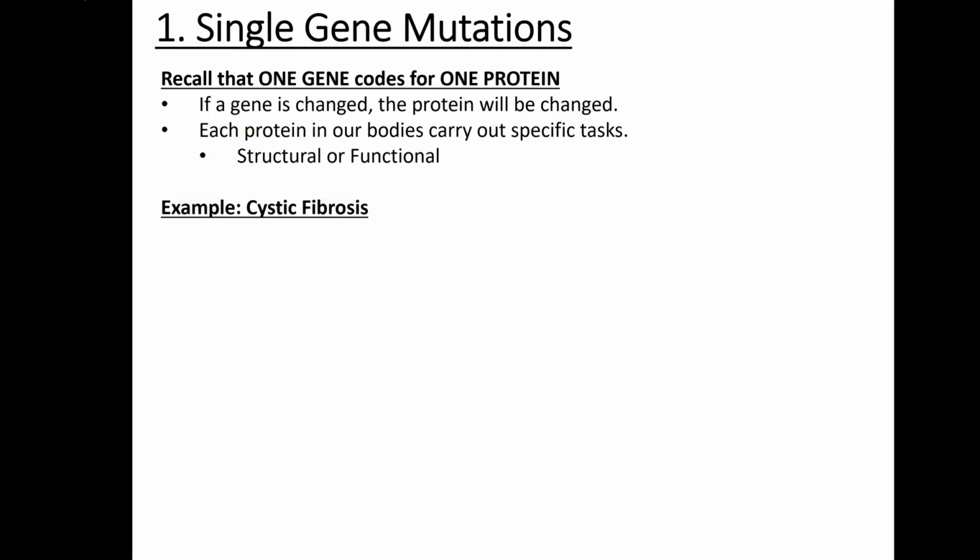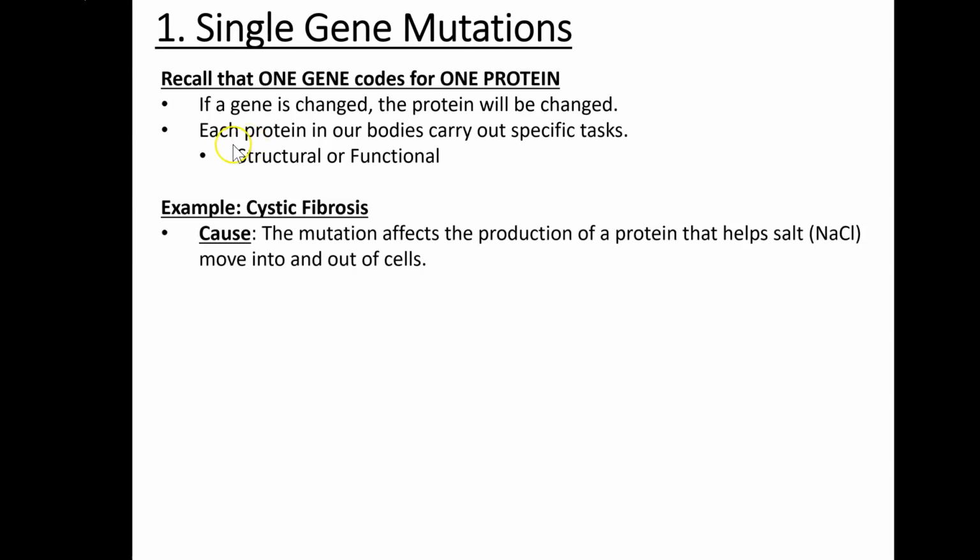They allow certain substances to go into and out of the cell. They act as special markers on a cell, so a white blood cell, for example, can recognize that particular cell as not foreign. So many different types of tasks that proteins have within our body.